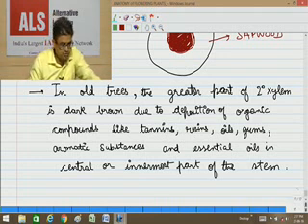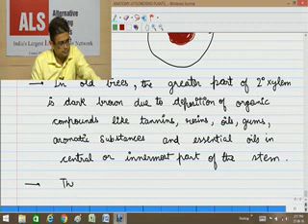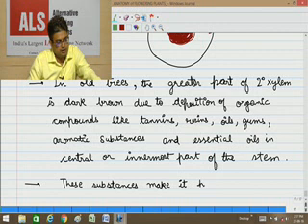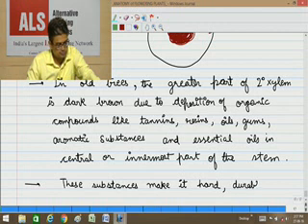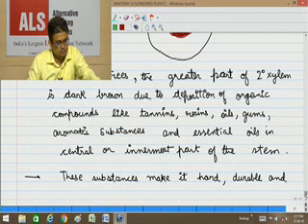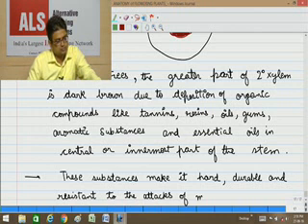So what does this do? These substances make it hard, durable, and resistant to the attacks of microorganisms and insects.